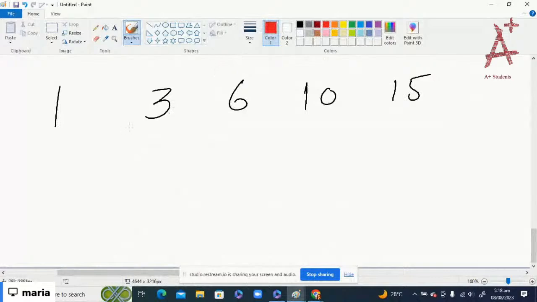First, we check which pattern these numbers follow. Here is 1, here is 3, then 6, then 10, then 15. So we think about it. Are these numbers added with some numbers? Are they multiples of some numbers? Are they divisible by some numbers, or are they subtraction of some numbers?